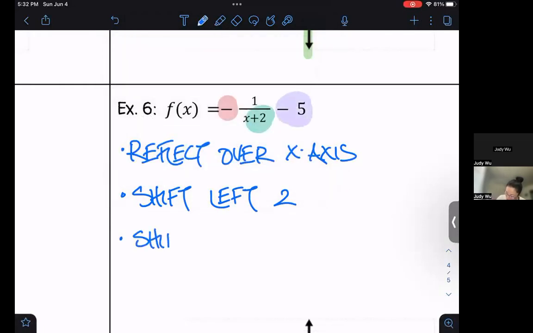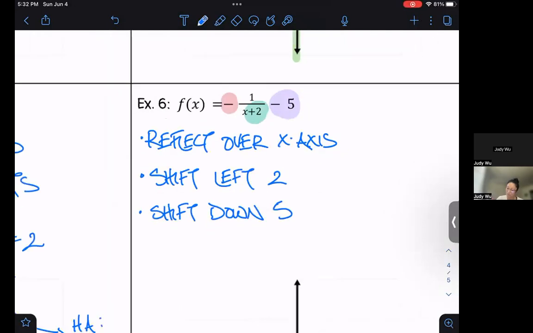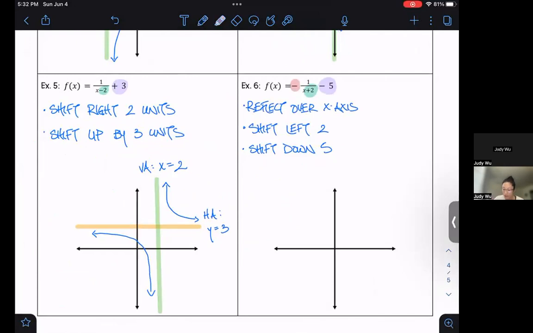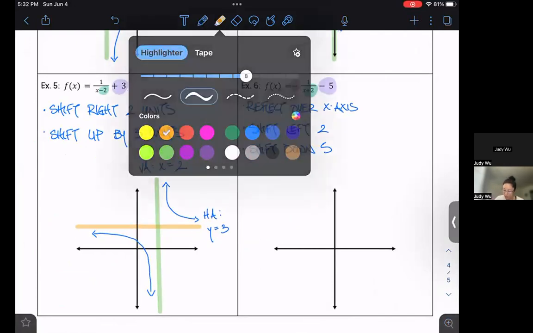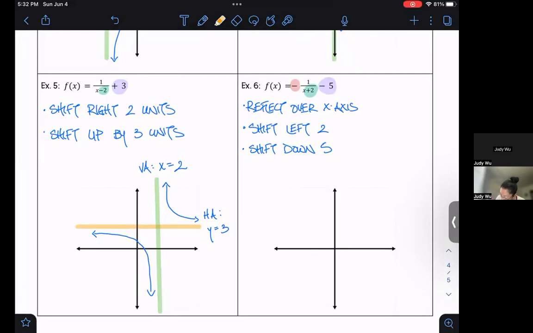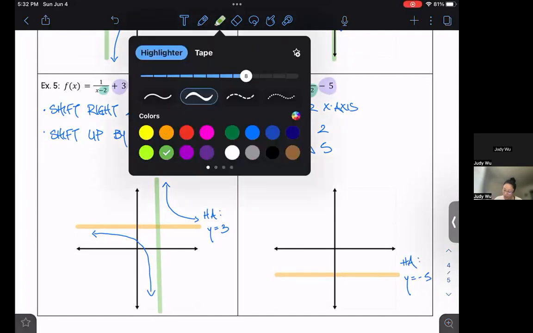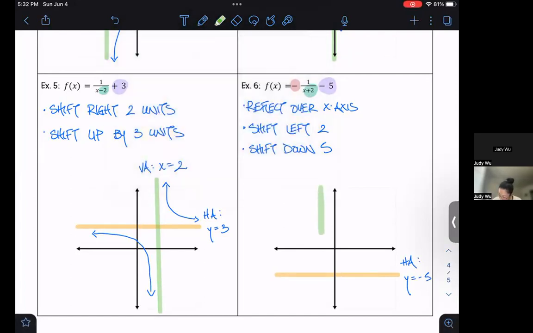So shift down 5. All right. So how does this change each part? Well, shifting down by 5 means my horizontal asymptote is now at y equals -5. Shifting to the left 2 means now my vertical asymptote is at x equals -2.